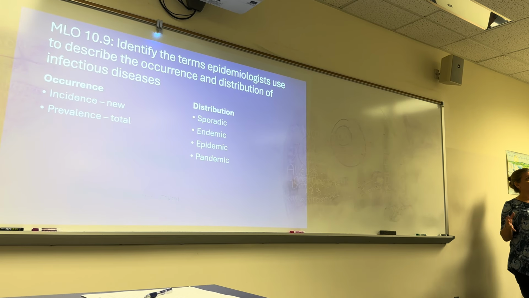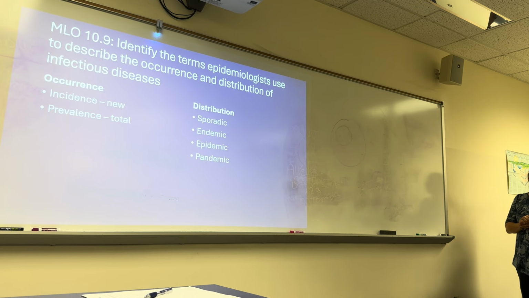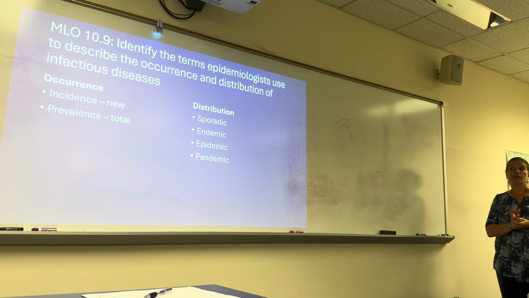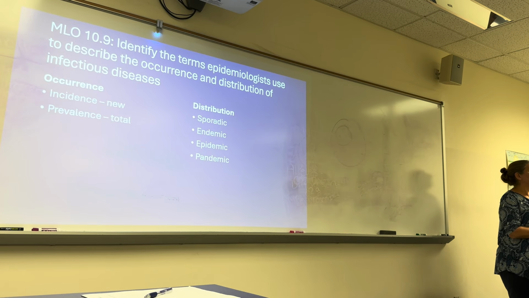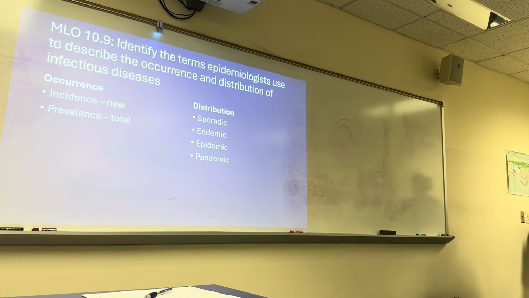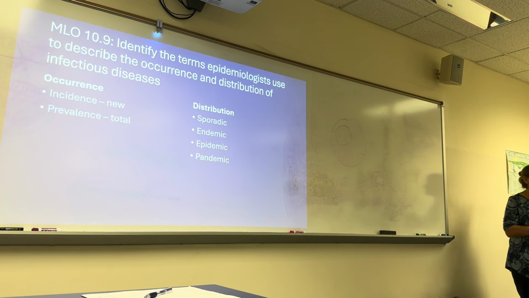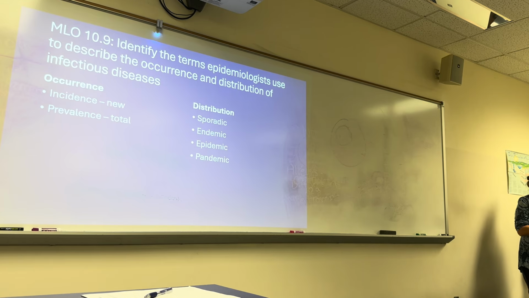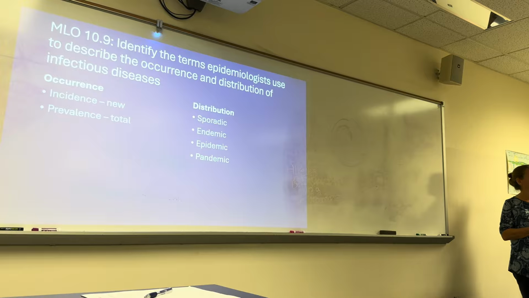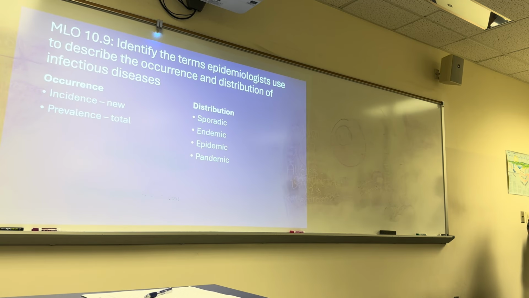These are all going to come into play with epidemiology. There's a lot of statistics involved. The biggest area we are going to be looking at is analytical epidemiology, which seeks to determine the probable cause, the mode of transmission, and the methods of prevention.